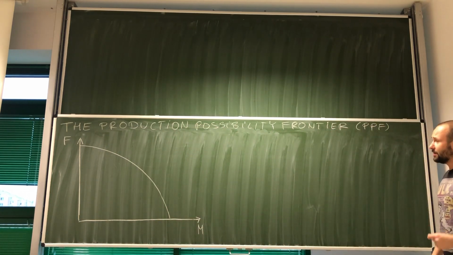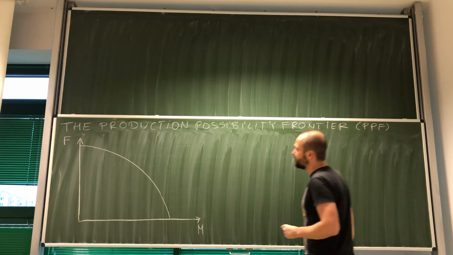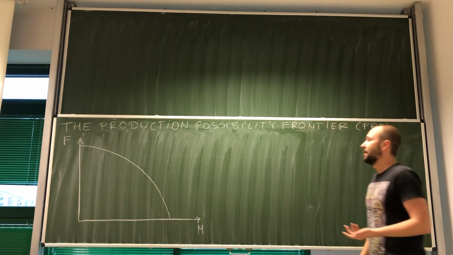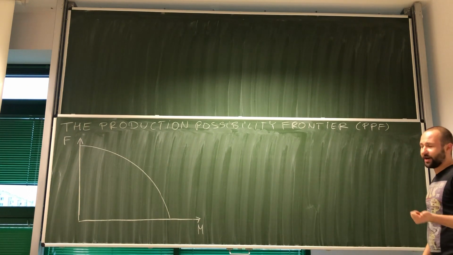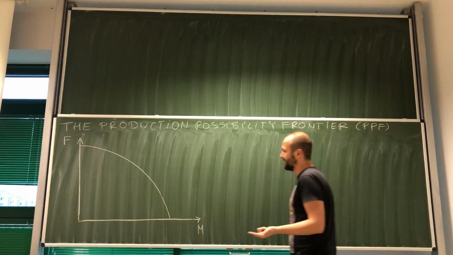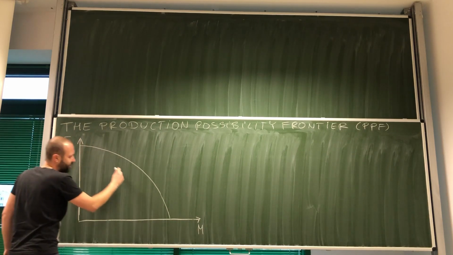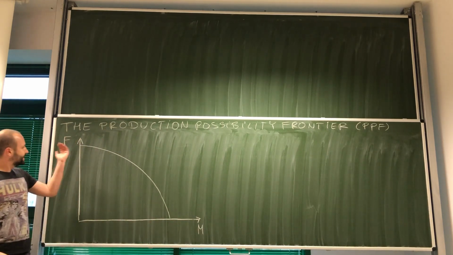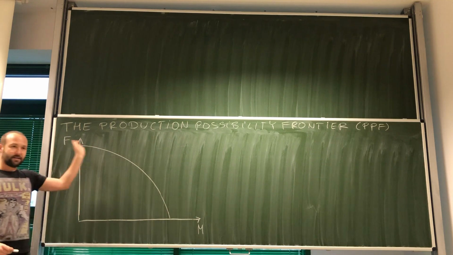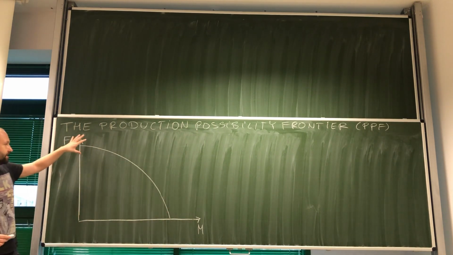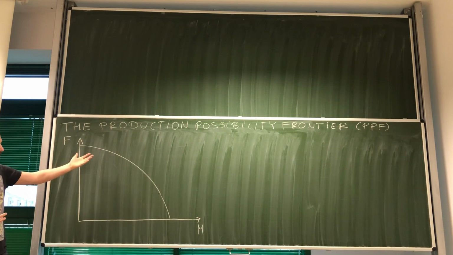Okay, now let's talk a little bit about the curvature of the function. Because look, when we had one factor of production and constant returns to scale, we said that this function was a straight line. Here we see that the one we are dealing with is characterized by curvature.